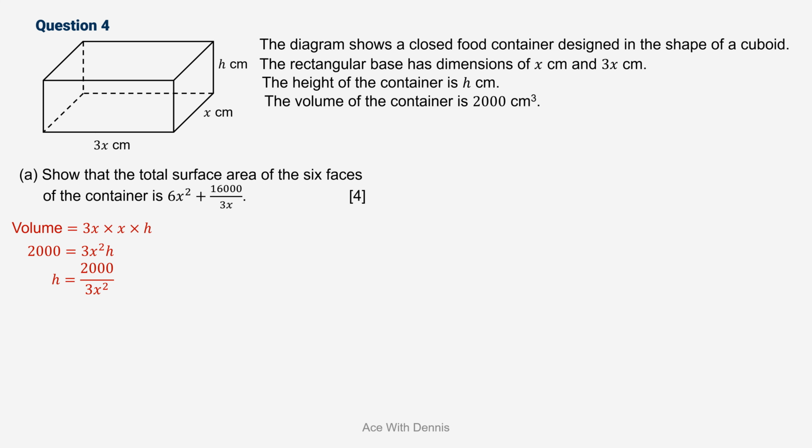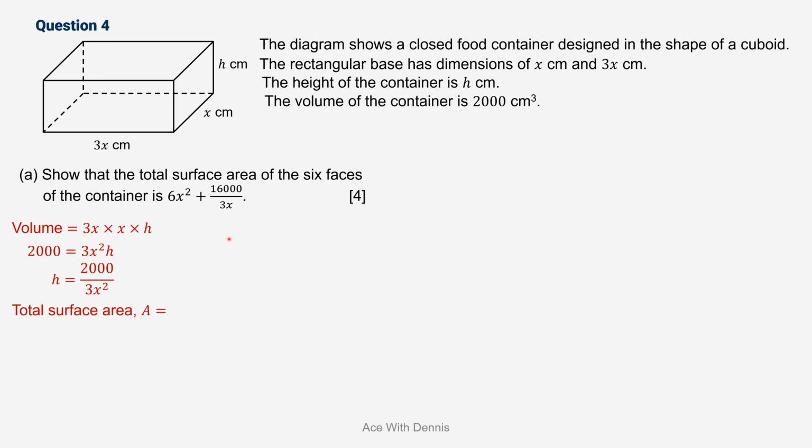Then we make h the subject, h equals 2000 over 3x squared. You might be wondering why we do these steps, because as you can see, the total surface area that we need to show has no h, but in the diagram we have an h here. So we have to substitute the h in terms of x.